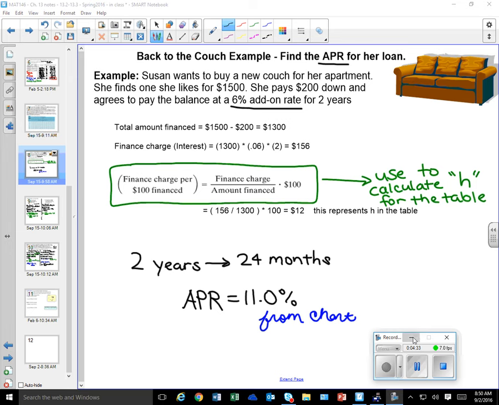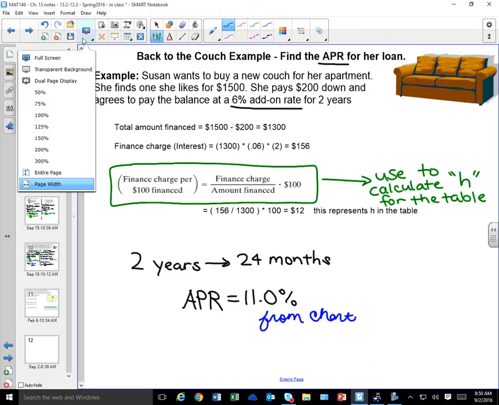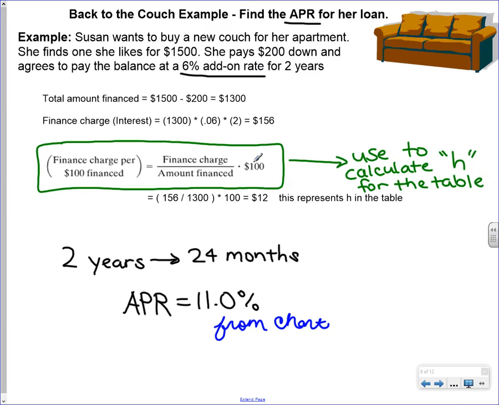So to figure out what the APR is, we've actually already done this work in a previous problem, but just to review, the total amount financed was $1,300. And then the finance charge, which remember is just the interest, is equal to 1,300 times 0.06 times 2, because we're doing 2 years, which equals $156.